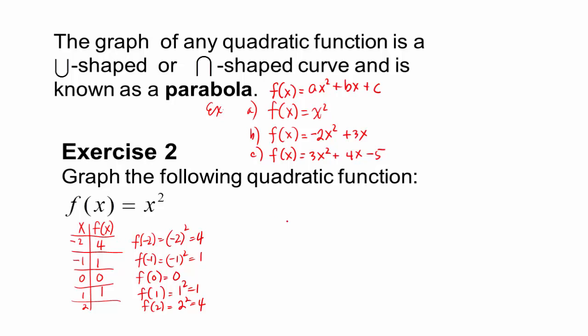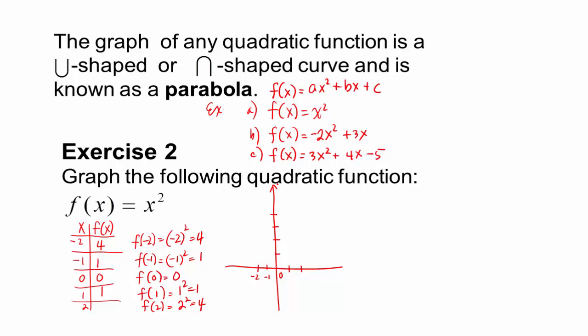So if we plot these, what are we going to get? Let's plot the first ordered pair, negative 2, 4. Which quadrant does it belong to? The x is negative and the y is positive.